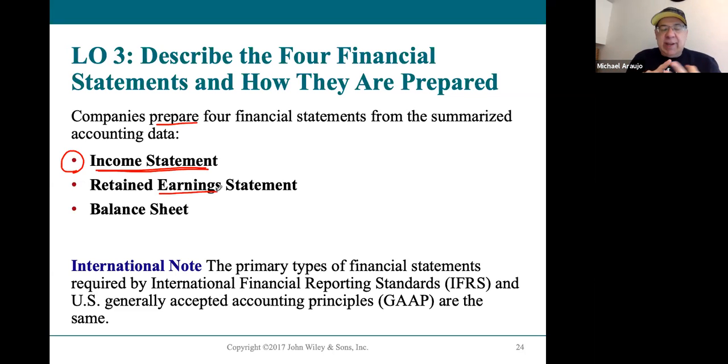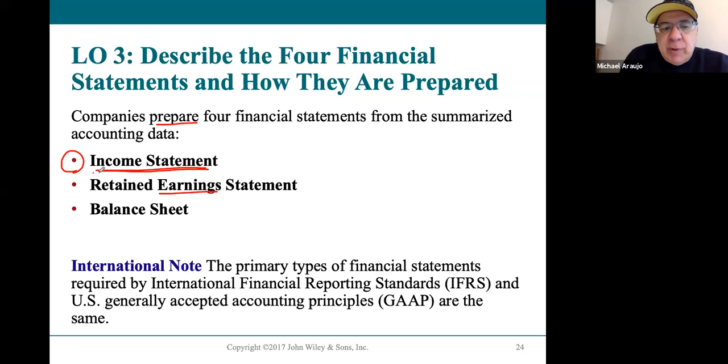So you have 3 terms that mean the exact same thing. Net income means profit, profit means earnings, earnings means net income. These 3 terms are thrown around in financial circles. They mean the same thing. Was the company profitable?